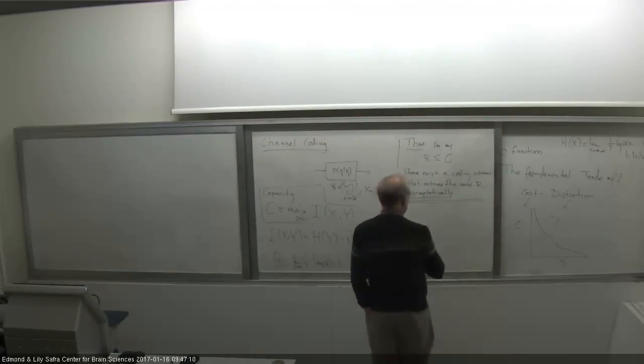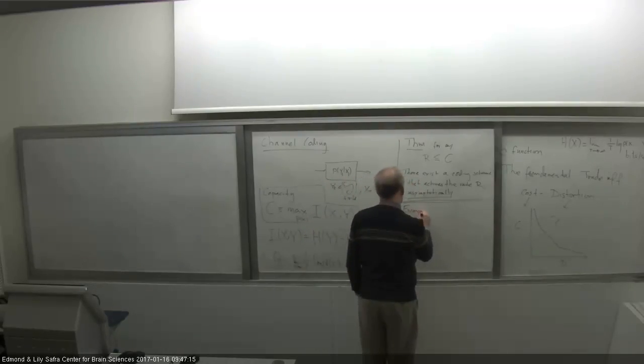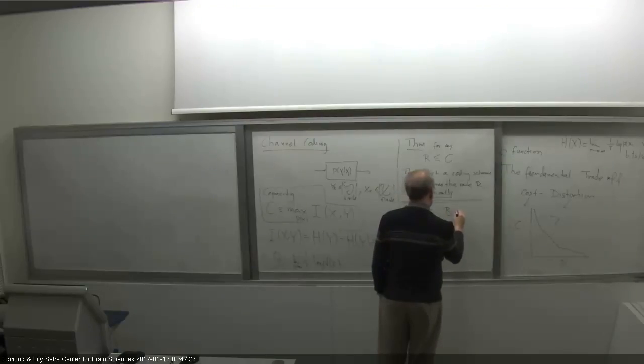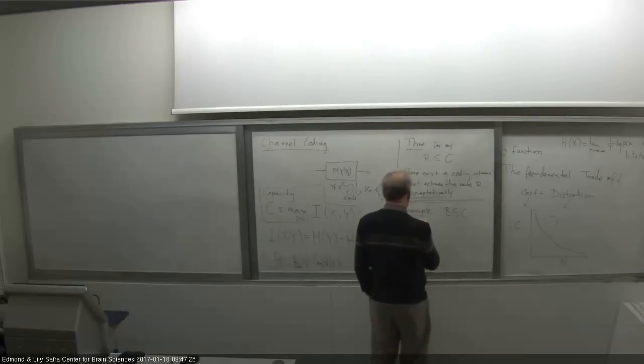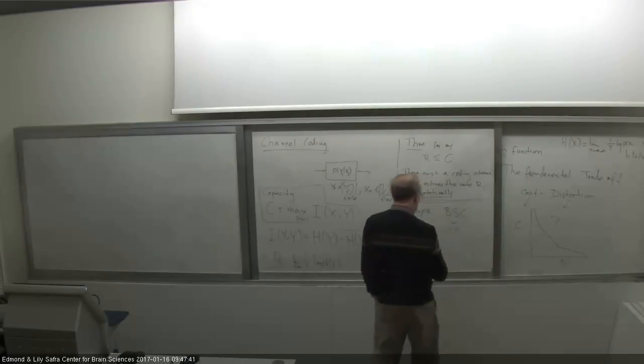So what's going on here? First of all, let's take an example, a standard example that you must see. It's called the binary symmetric channel. The alphabet, both x and y, is binary, bits. I send 0 or 1, and y is also 0 or 1.